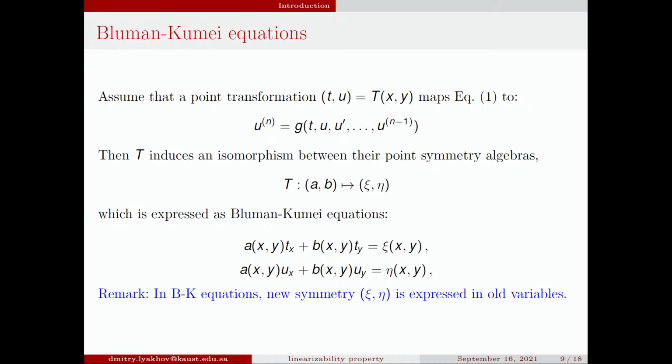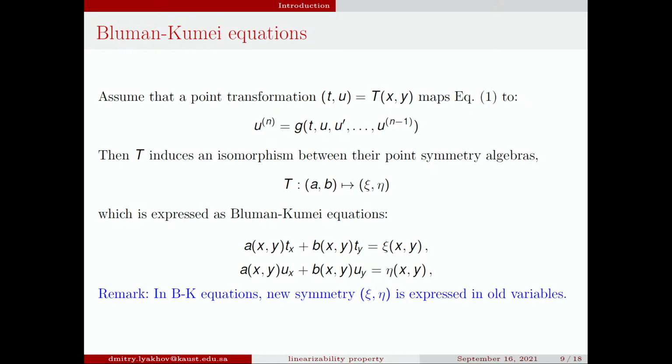So our first task is, if we know that equation 1 is already linearizable, to find a PDE system which gives us all the possible transformations, how they need to satisfy some PDEs, and all the solutions from this PDE system are the possible point transformations which will map equation 1 to the linear one.